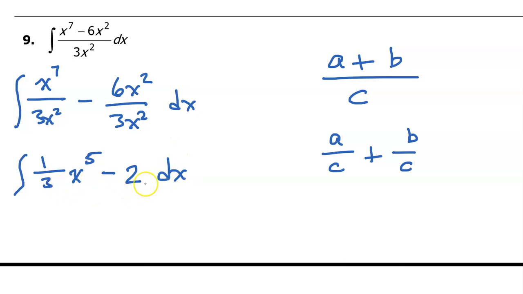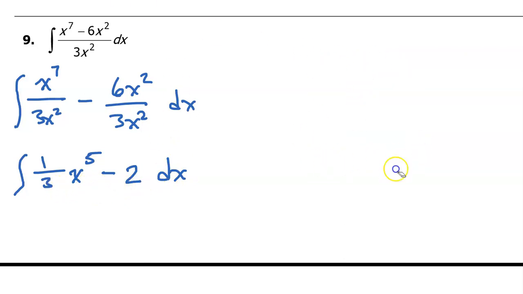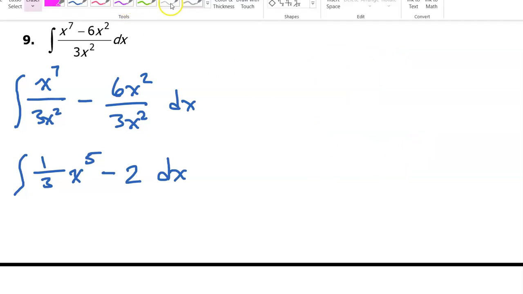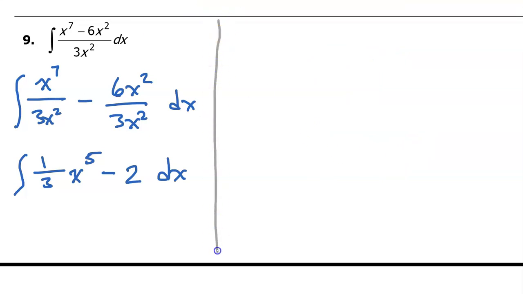So I'm going to go term by term using my power rule of integration. So look at that x to the 5th power. Focus on it. I'm adding 1, so that'll be 6. I am dividing by my new exponent, so that's going to be 1/6. And don't forget about the 1/3 that has been there the whole time.